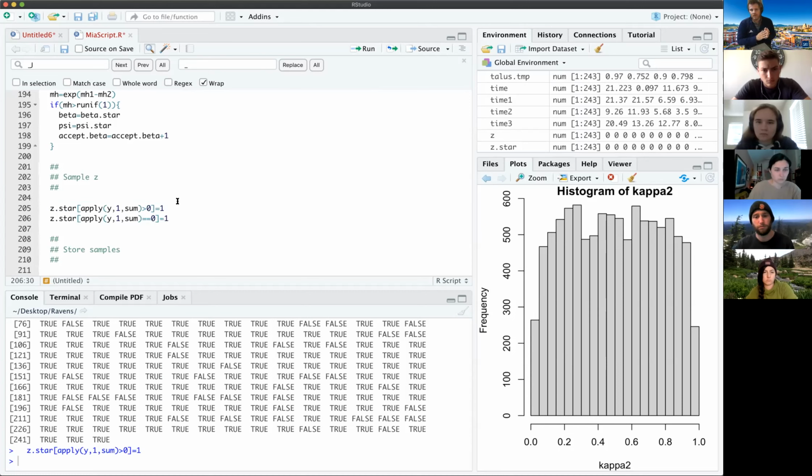So a couple of things that are new about this application. This is the first time we're proposing an integer value. I think it is. In the past, all we've done is proposed continuous values. But now this is a 0 or a 1, so it can't be 0.5 or anything like that. It has to be a 0 or 1. So we're going to propose either a 0 or a 1 for each of our sites.